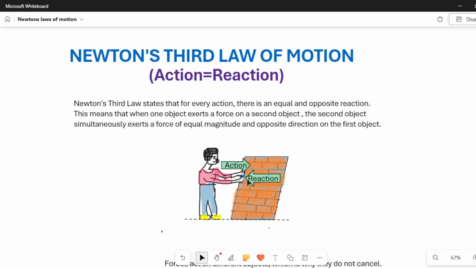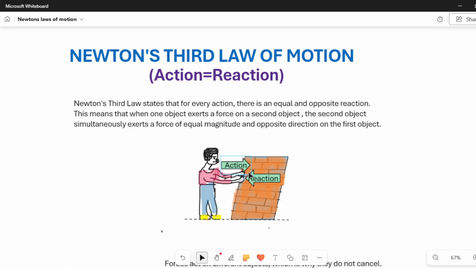Like Newton explained, if there is one action, there is always an opposite reaction. It means you are applying a force, and a force of the same magnitude in the exact opposite direction is coming back on you. So how is that happening? Actually, this happens because both the objects are made of atoms that have electrons in their shells.